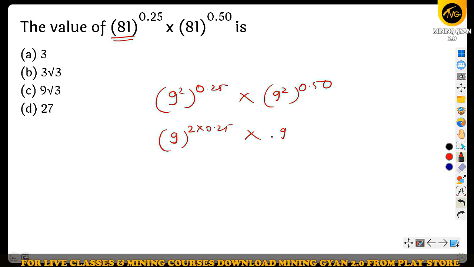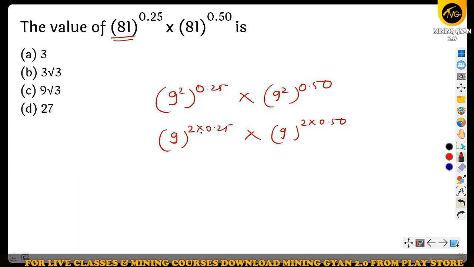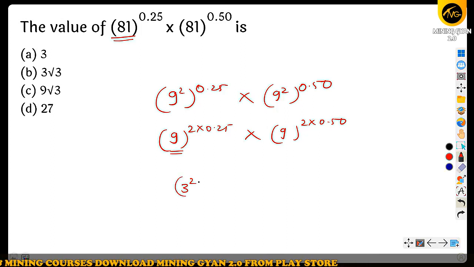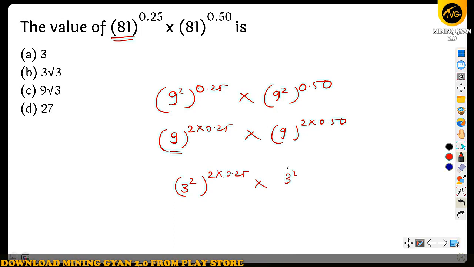Similarly, 9 power 2 into 0.50. We also know that 9 is the square of 3. That means 3 square, so 3 square whole power 2 into 0.5. Similarly, 3 square and 2 into 0.5.